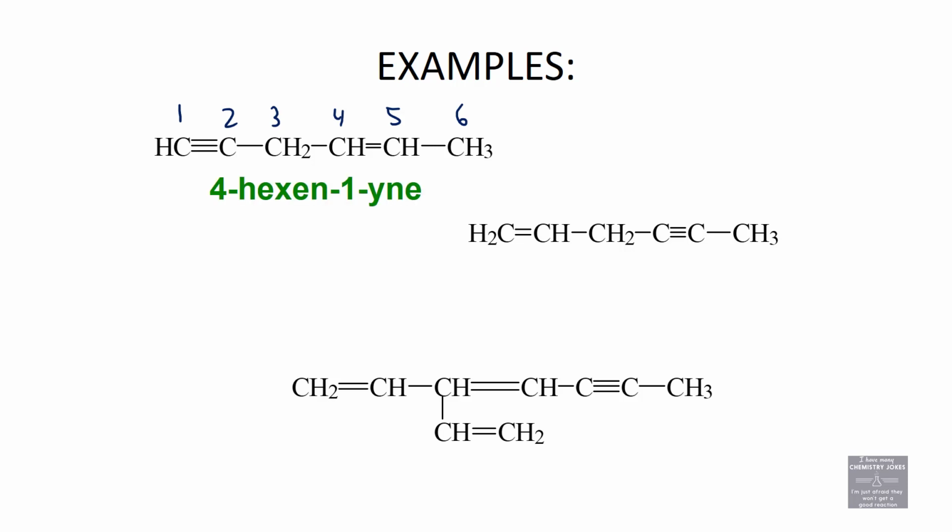It's a 4-hexene 1-yne. You could also name it a hex-4-ene-1-yne. It's all up to you as to whether you squeeze the number between there or not. The yne number is going to have to be squeezed between there because you have to give numbers for the ene and the yne, and only one can go out front.